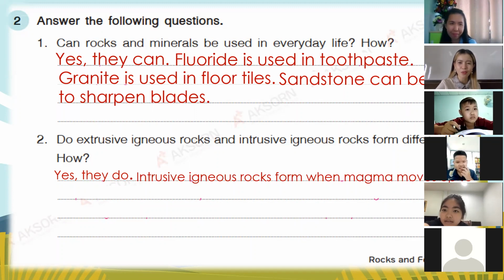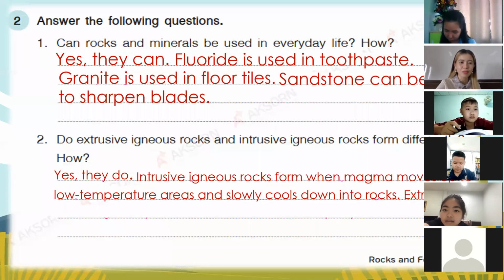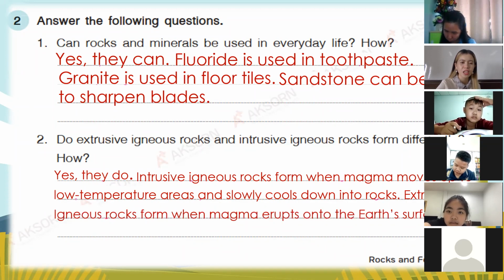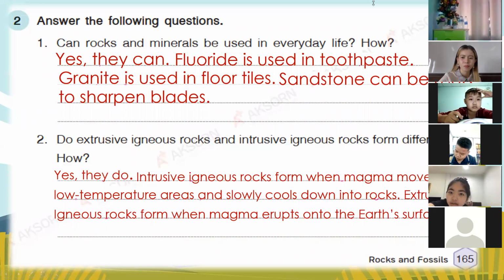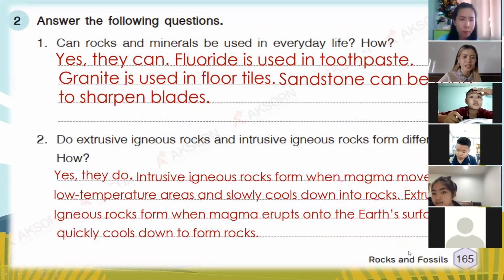Intrusive igneous rocks form when magma moves up to low temperature areas and slowly cools down into rocks. Very good. While extrusive igneous rocks form when magma erupts onto Earth's surface and quickly cools down to form rocks.